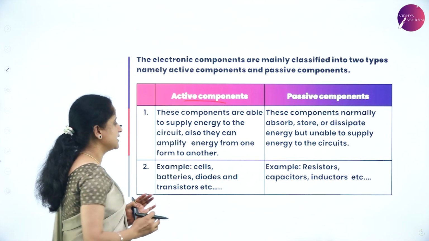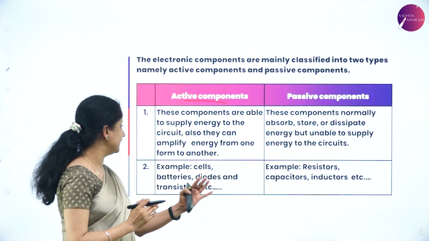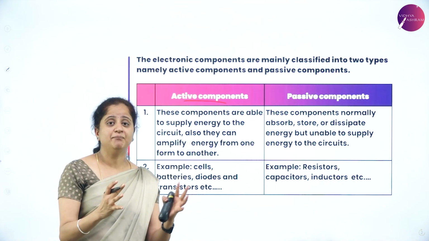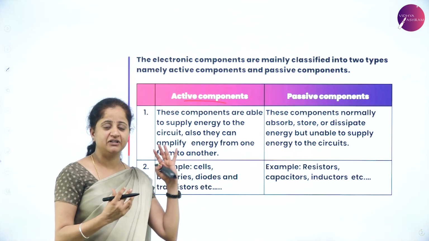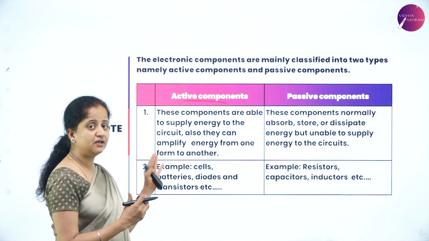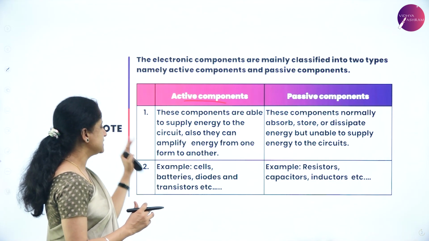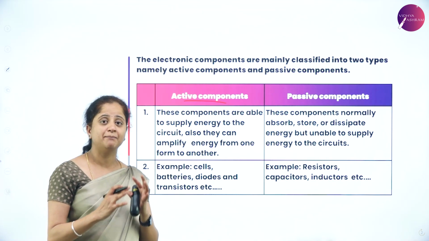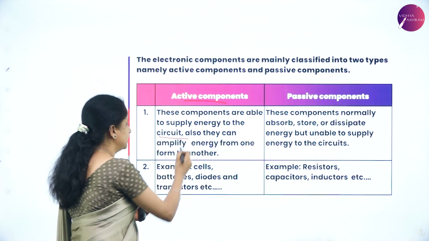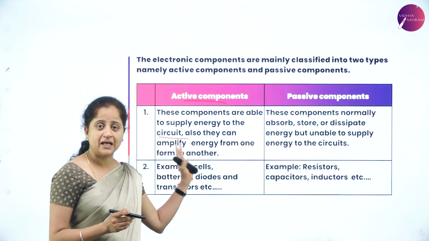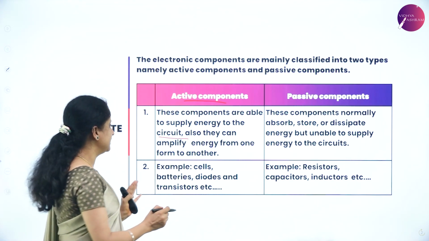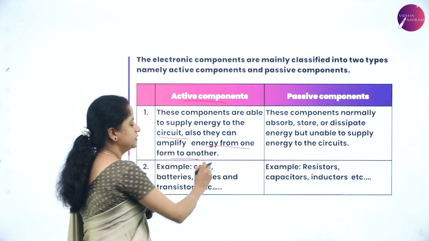Active components are able to supply electrical energy, or we can amplify the energy with the help of these components, so we call them active components. Basically, they are used to supply energy to the circuit, and these components also help us amplify the energy from one form to another.